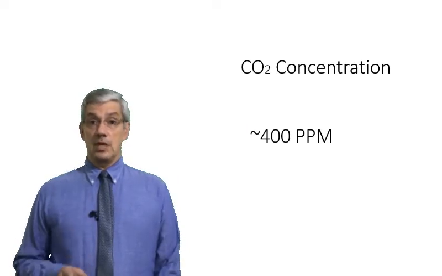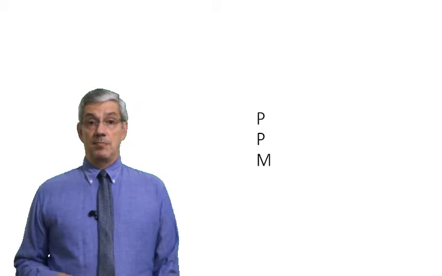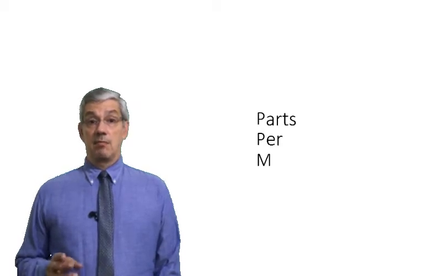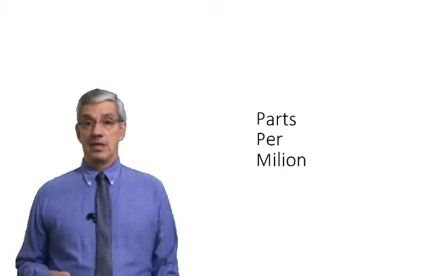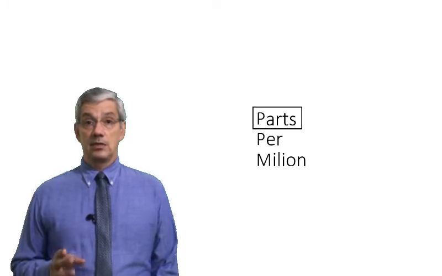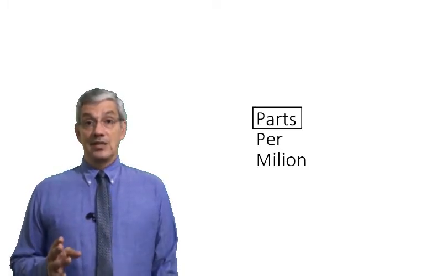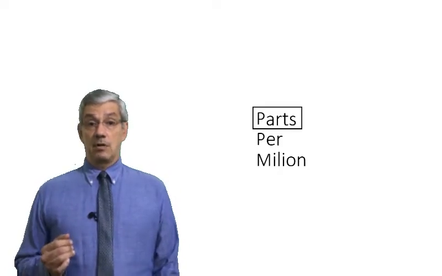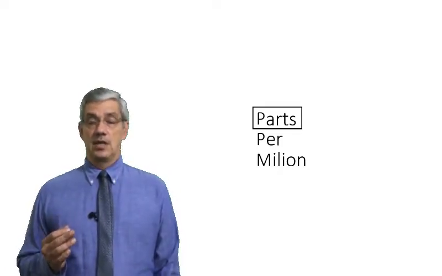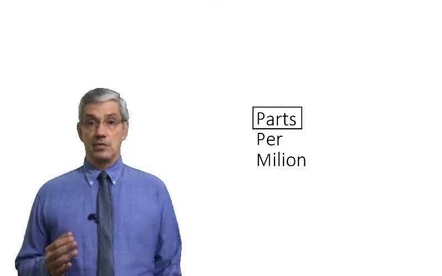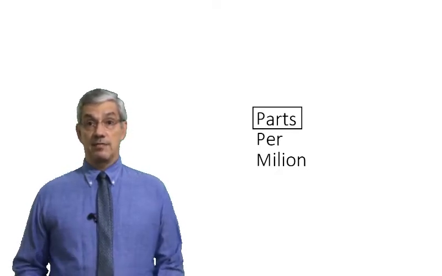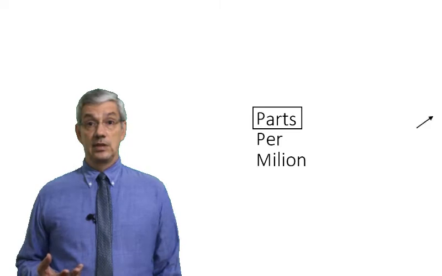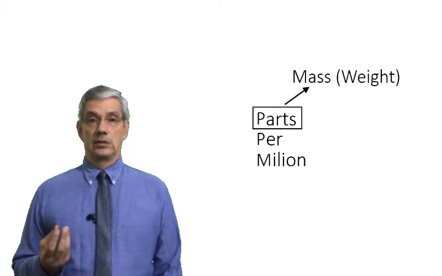Some people say it in full: ppm stands for parts per million. But the tricky thing is the word part. What does part mean? This concept is borrowed from chemistry, and in chemistry, when you say part and don't specify what we are talking about, we mean weight.